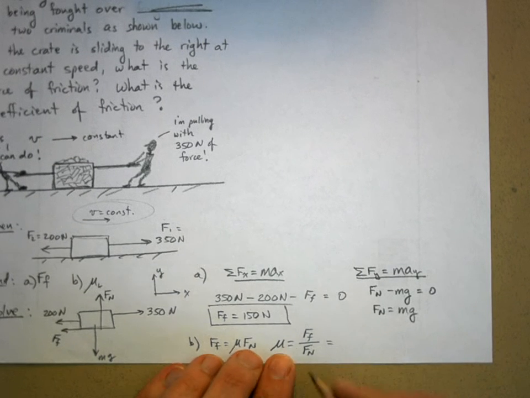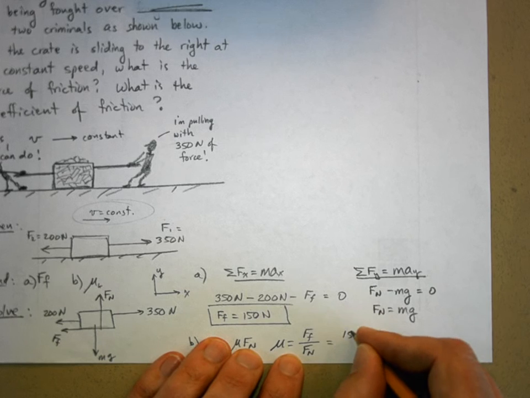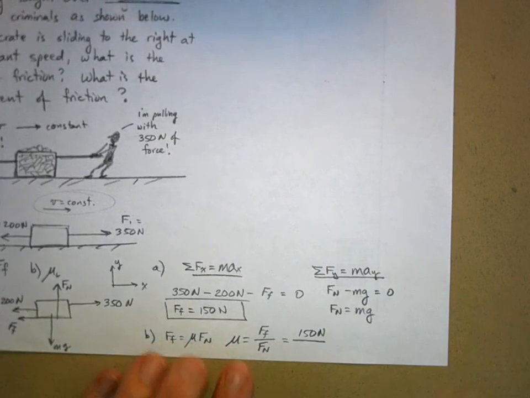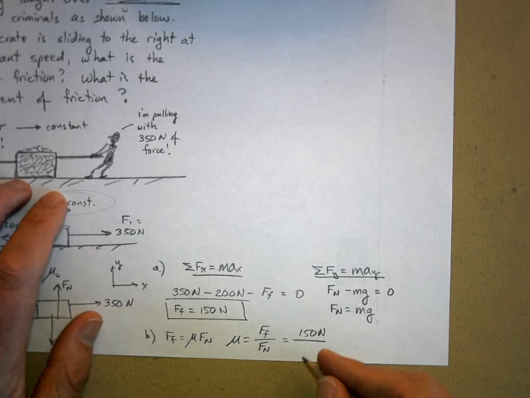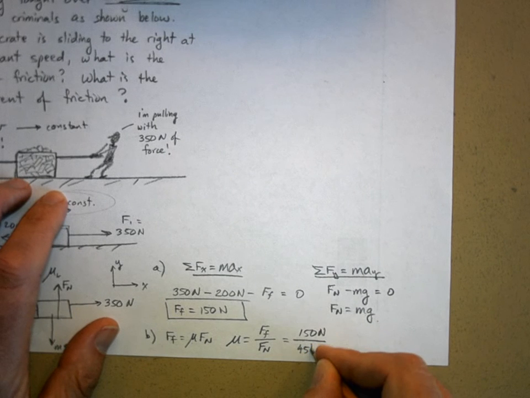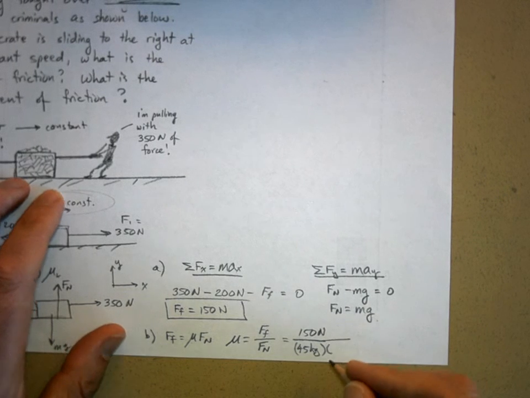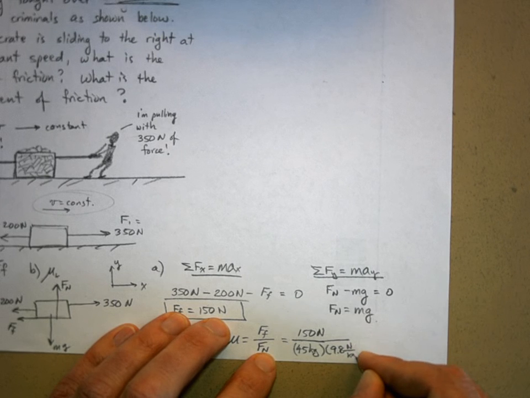So the normal force is just equal to m times g. So now I can say that the force of friction I know is 150 newtons. And then my normal force is the mass times gravity. Well, the mass was 45 kilograms. G is 9.8 newtons per kilogram.